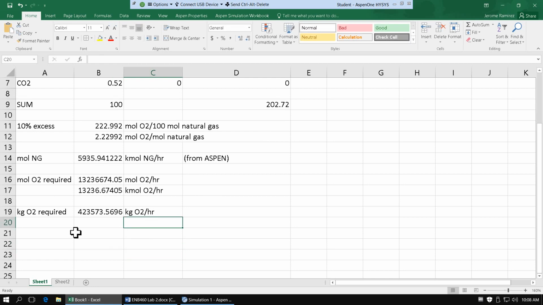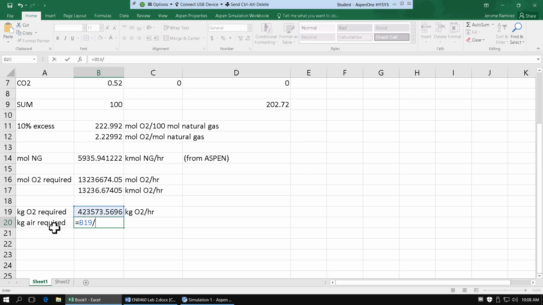Right, and we wanted to have kilograms because our air is expressed in mass fractions, and thus we can back calculate kilograms air required by dividing this value by the mass fraction of oxygen, 0.20947.